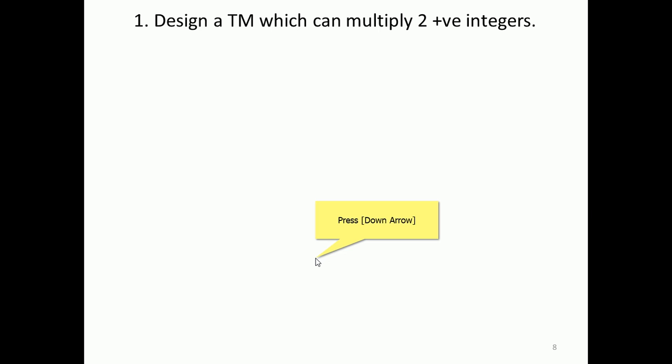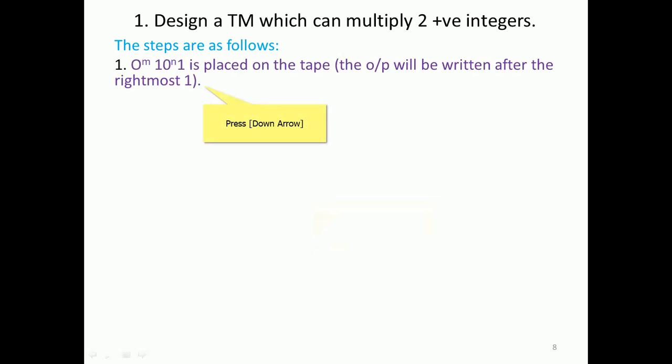Design a Turing machine which can multiply two positive integers. Construct the Turing machine to multiply the two positive integers. There are steps we are going to follow. Let us consider 0 power m, 1, 0 power n, 1.